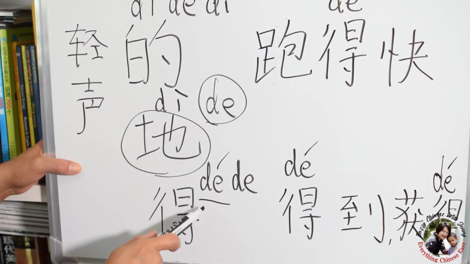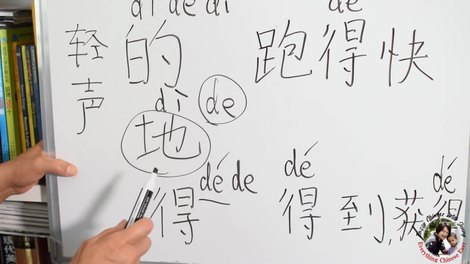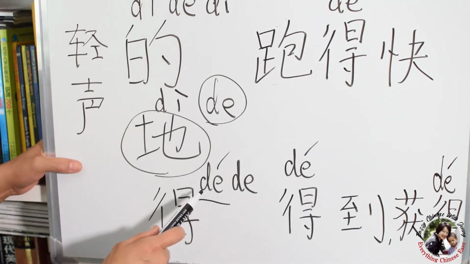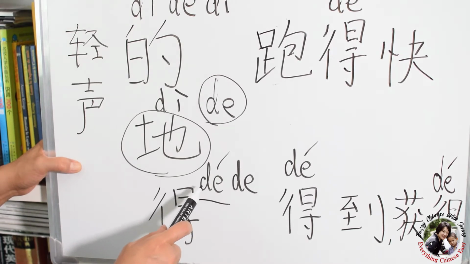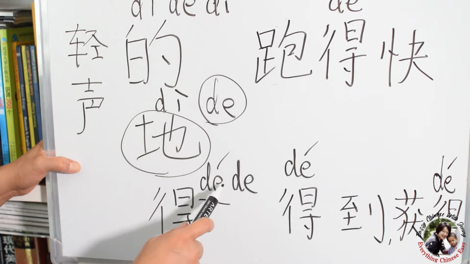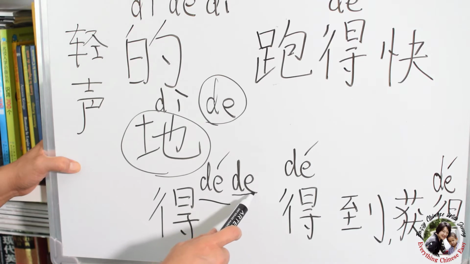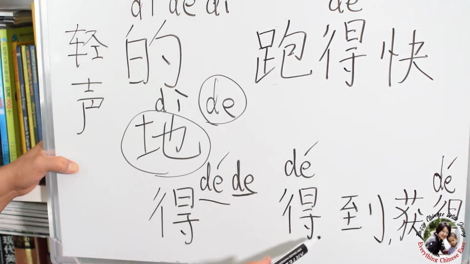Here the third character, also the pronunciation is very similar, has two pronunciations. One is the second tone, de, and another one is the light tone. When it is second tone, it has the proper meaning.